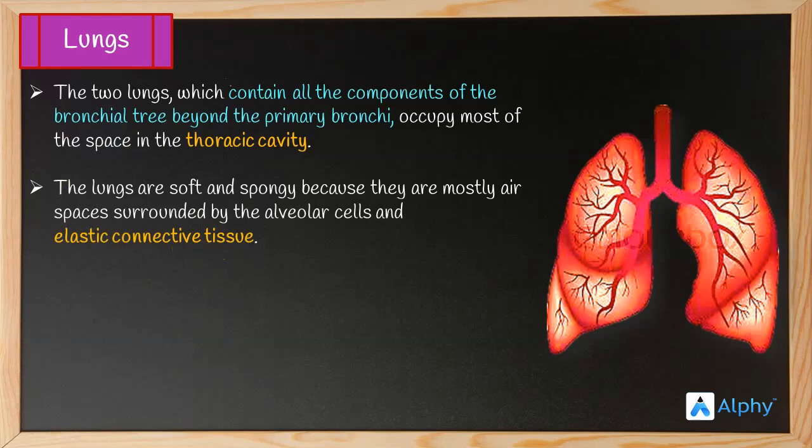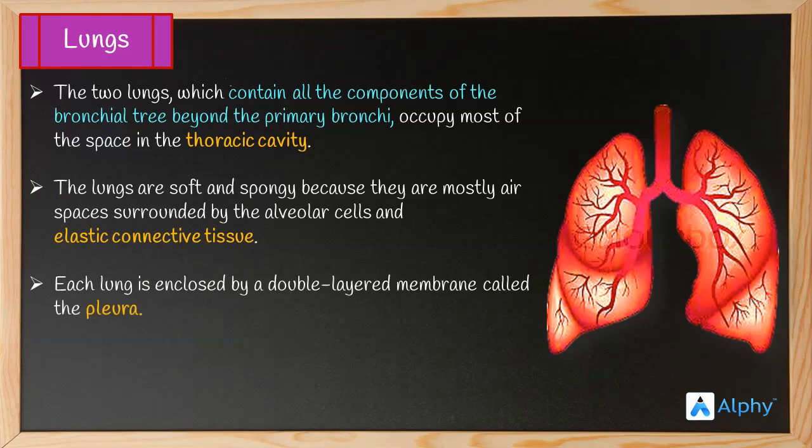Now, each lung is enclosed by a double-layered membrane called the pleura. So the membrane which surrounds our lungs is known as the pleura, and there are two layers of it. Between these two pleural membranes, we have pleural fluid, which is basically a lubricant, and this pleural fluid ensures that the two membranes slide past each other easily during breathing.